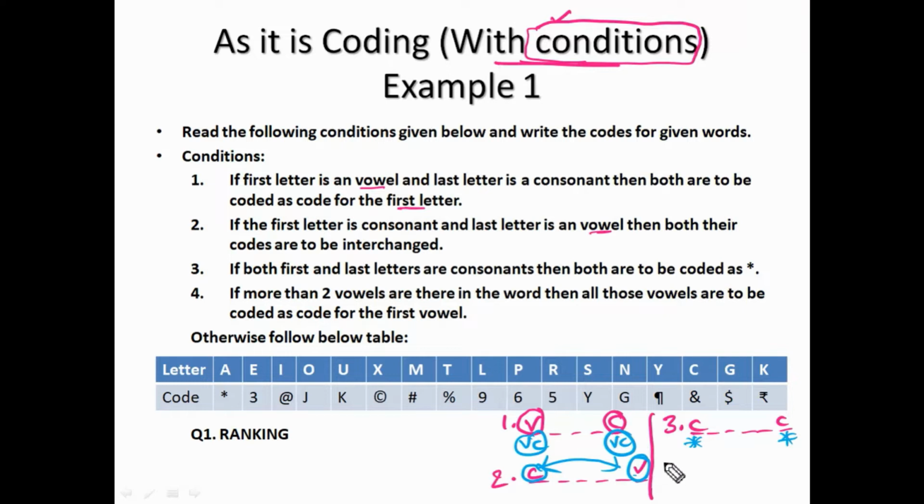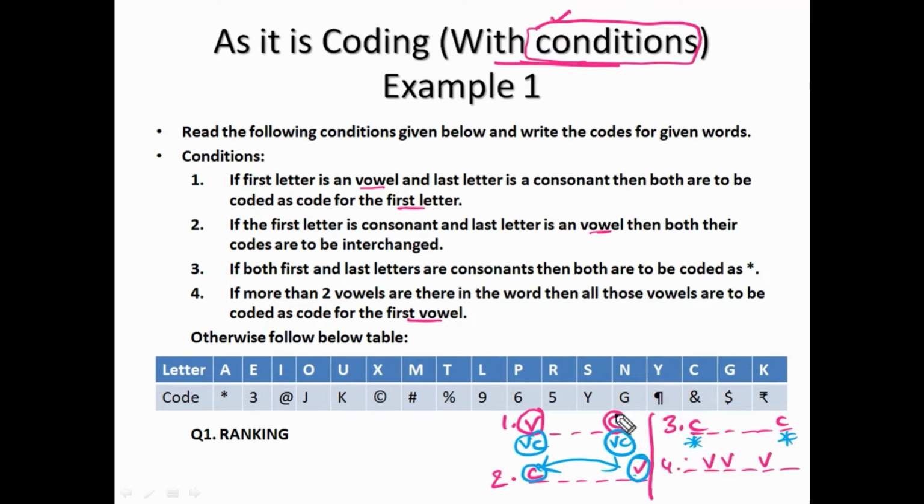And the next condition: if more than two vowels are there in the word, then all those vowels are to be coded as the code for the first vowel. There may be any number of vowels, but if more than two vowels are there, this condition comes into picture.